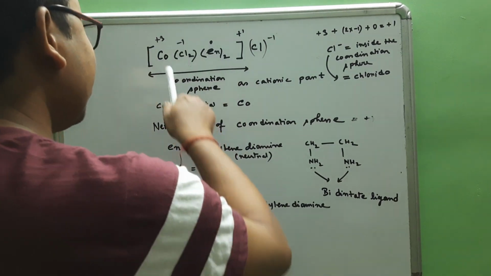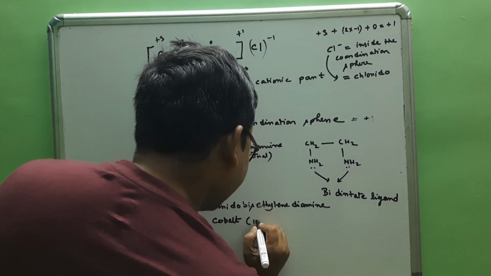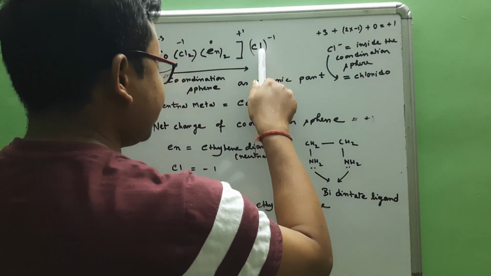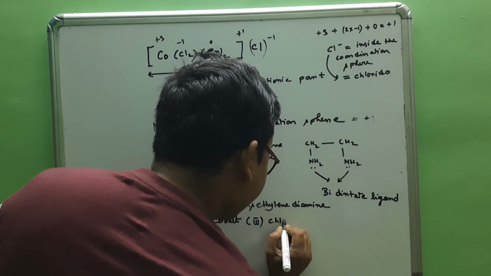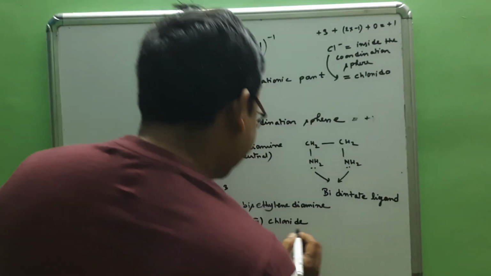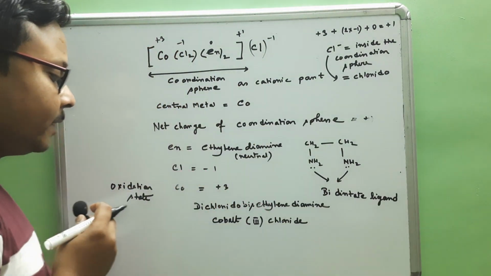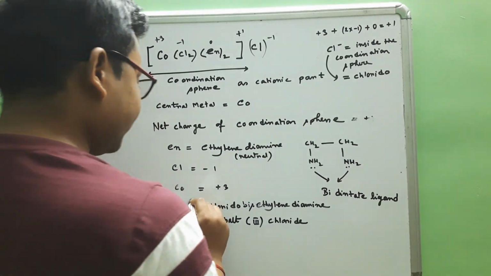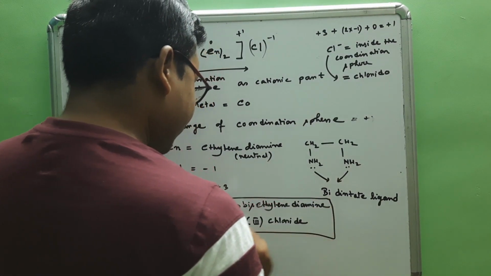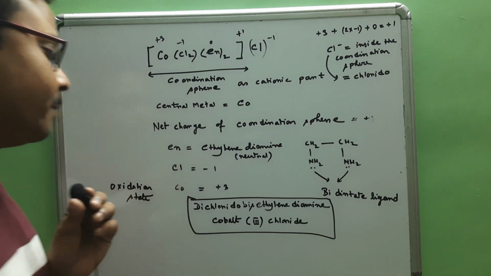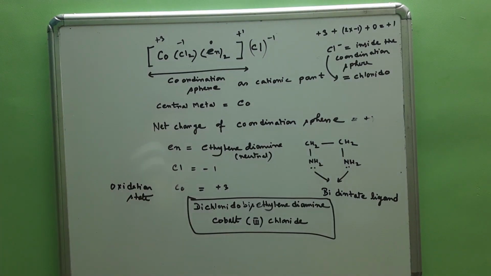The oxidation state of cobalt is +3, so it is cobalt(III), and now the outer chloride. So the name is dichloridobis(ethylenediamine)cobalt(III) chloride.